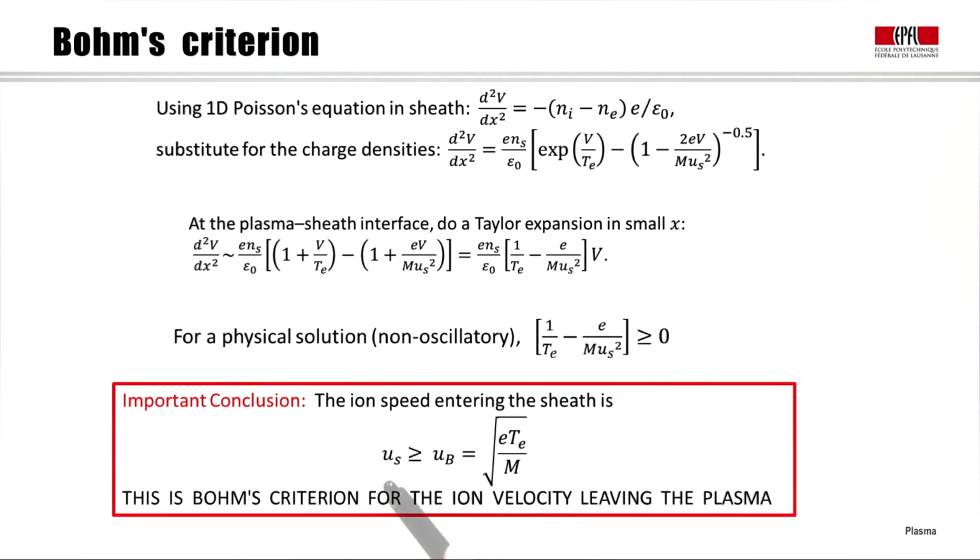Therefore, we see that the ion speed entering the sheath is determined by the ion mass and the electron temperature, not the ion temperature. This inequality, the lower limit, is called the Bohm velocity for ions. This is the Bohm criterion for the ion velocity leaving the plasma and entering the sheath.